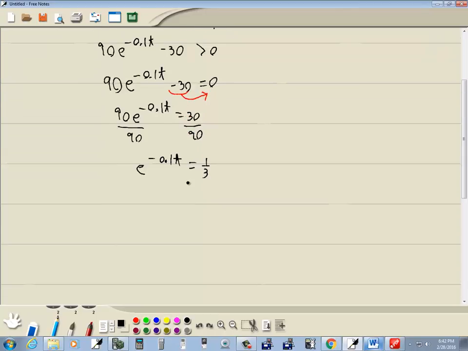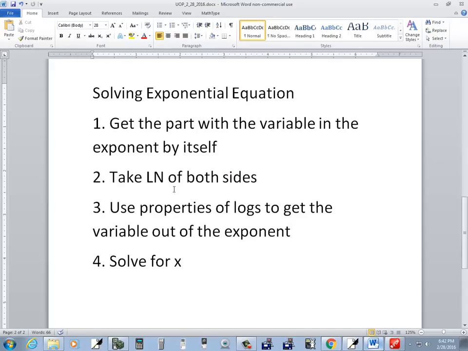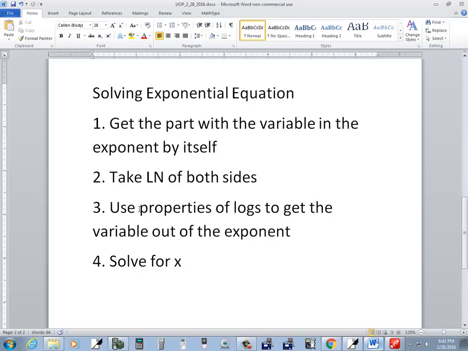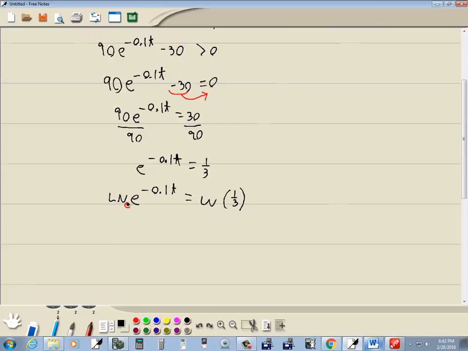Now the part with the variable and the exponent is by itself. So we're going to take the natural log of both sides. So we've got natural log of e to the negative 0.1 t is equal to natural log of 1/3. Now remember, natural log has a base e. So step 3, use properties of logs to get the variable out of the exponent. When these match, the log and the e cancel, and we're left with negative 0.1 t, and it drops out of the exponent.